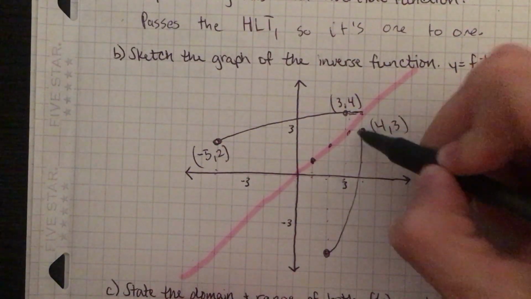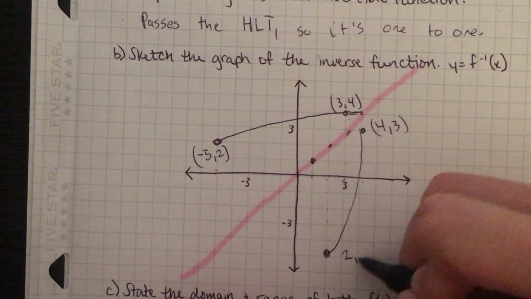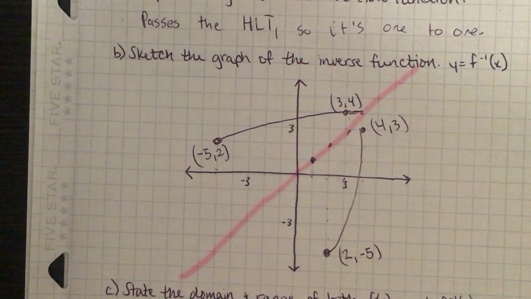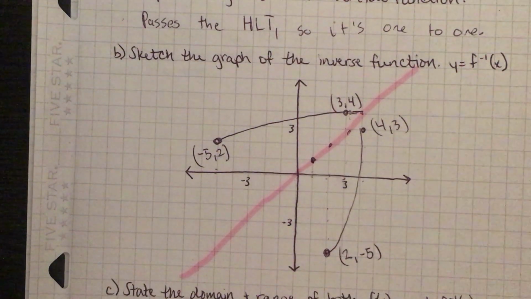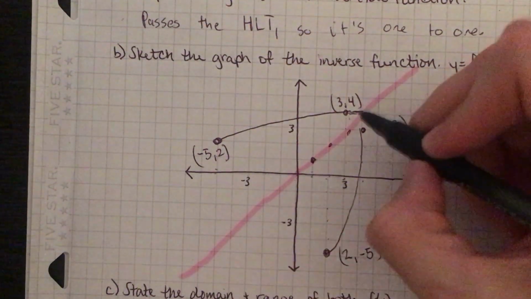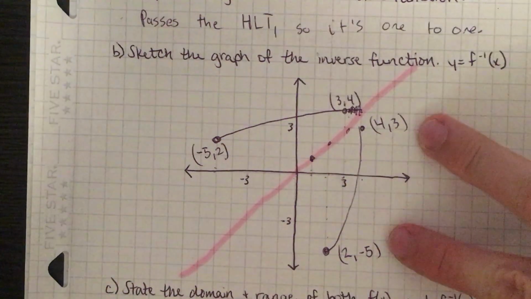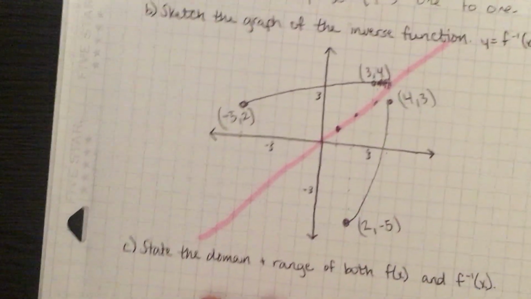So with this being a reflection, these should look, give or take, the same shape-wise. We've got -5, 2, we've got 3, 4, and you can see that those coordinates are just the flips.